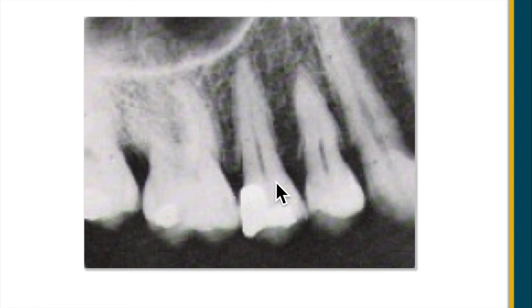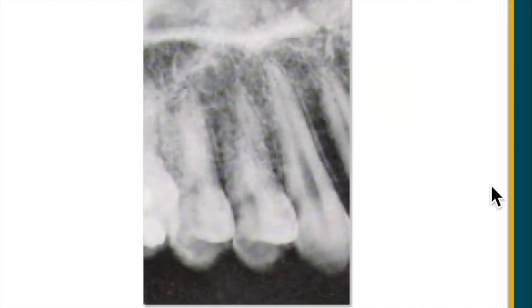Tooth number 4, 5, 6, making this one number 3. Clues here, again, this is the floor of the sinuses, so you know this is a maxillary. 6, 5, 4.